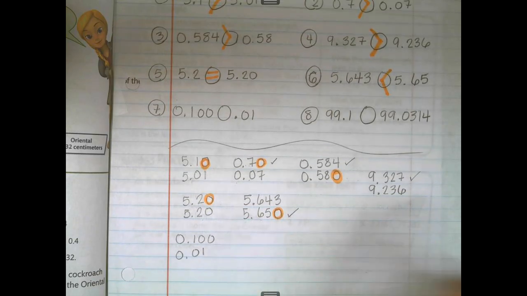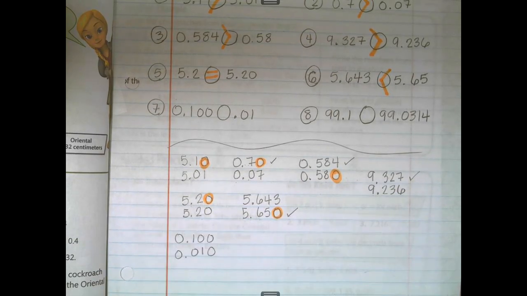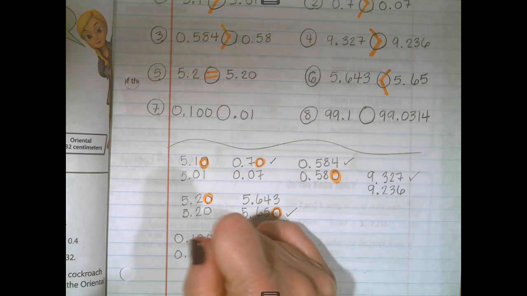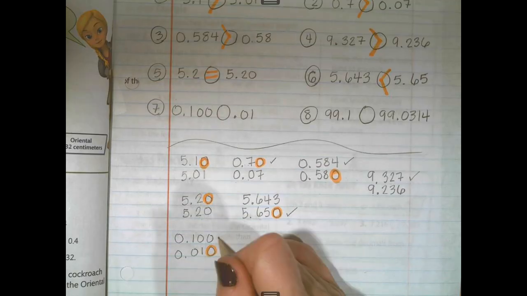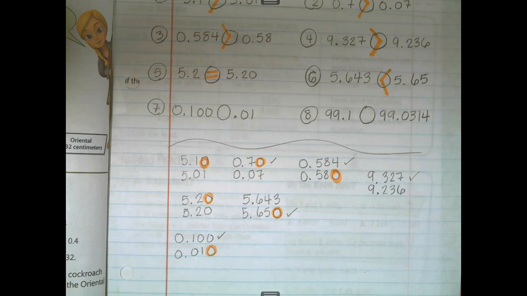I'm going to add a 0. I've already stacked my decimals. This is my place value 0 that I've added. Now I'm going to compare. 0s are the same. 1/10 is greater than 0/10. So without looking any further, I know that 100 thousandths is greater than 100th.